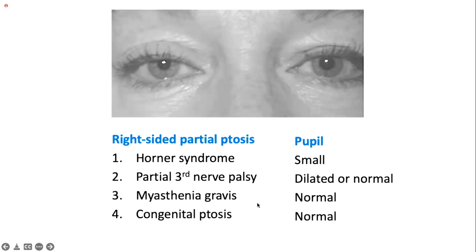In a third nerve palsy, the pupil is either normal or dilated. It is never small in a third nerve palsy. In myasthenia gravis, I told you the pupils are never affected. Congenital ptosis only relates to the eyelid. It has nothing to do with the eye. So the pupil is normal. Now, in this patient, what is the diagnosis?